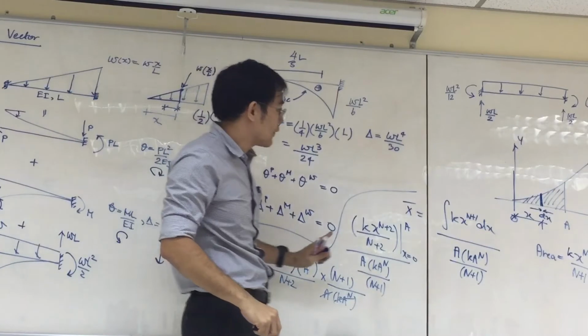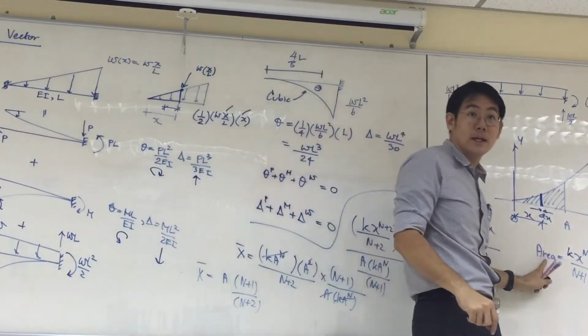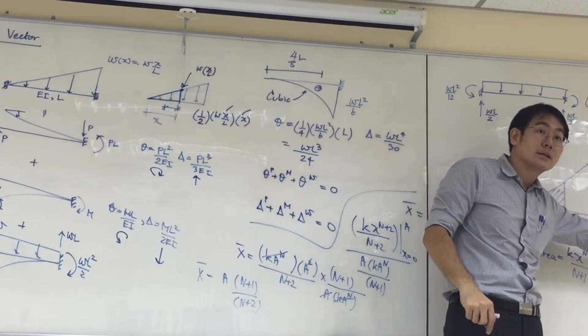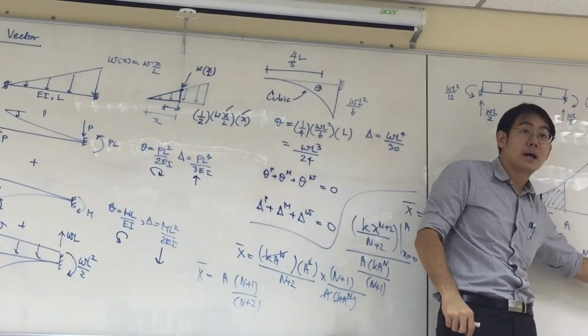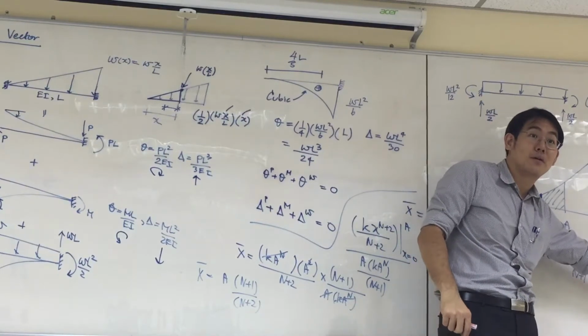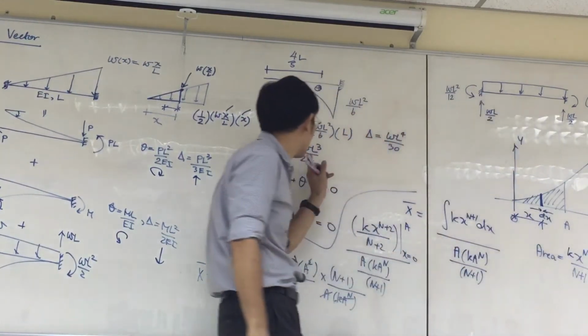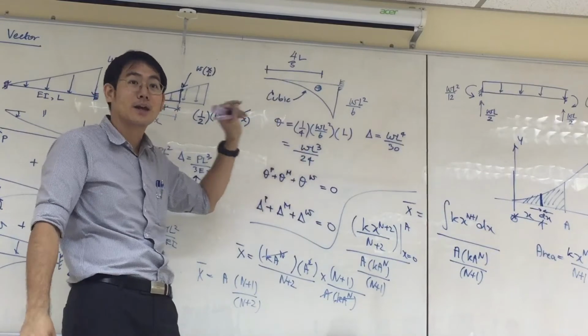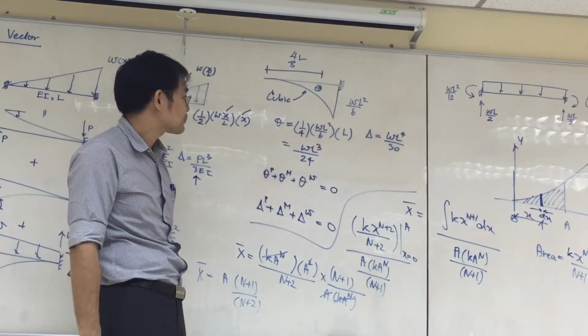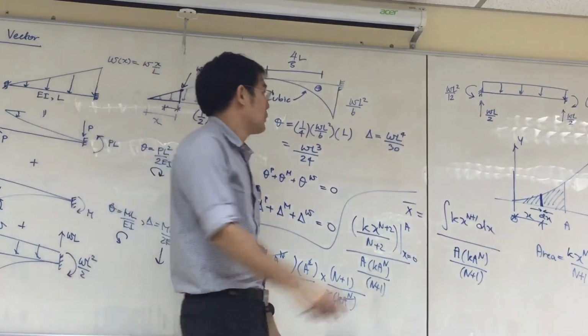If you have a cubic function, then to obtain the area, you get the base multiplied by the height divided by the cubic exponent plus one, which is 3 plus 1, so it is 4. That's why you get the factor 1 over 4 over there.